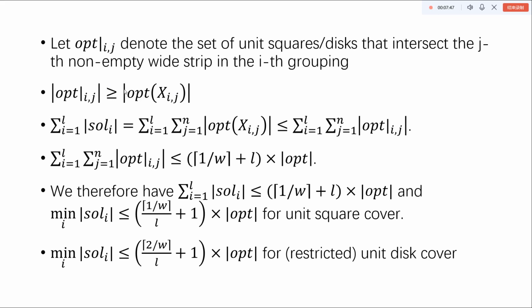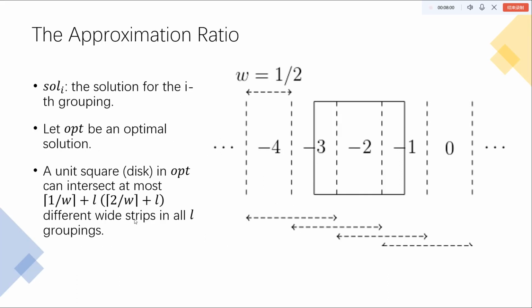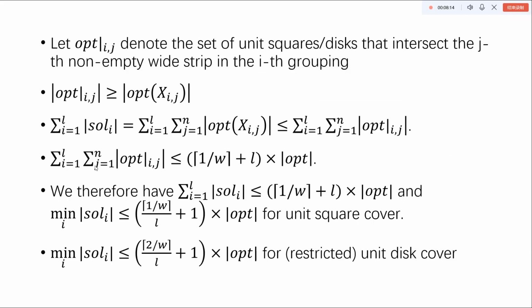We sum both sides of this equation over I and J, and we get this one. And again, as we just mentioned, a unit square in OPT can intersect at most such number of different white strips, right? So we have this inequality, and we then combine these inequalities to get this one.